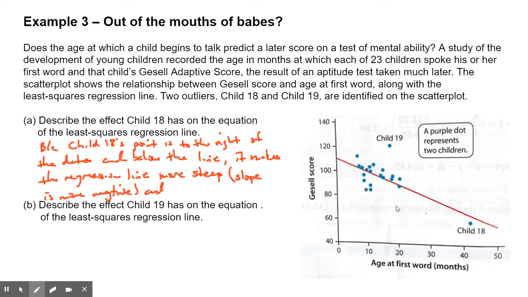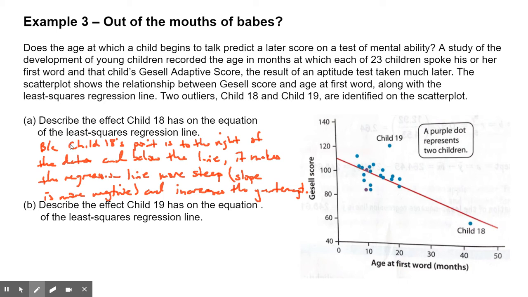And because it's down here, it increases the y-intercept. So that says because child 18's point is to the right of the data and below the line, it makes the regression line more steep. That means the slope is more negative and it increases the y-intercept.